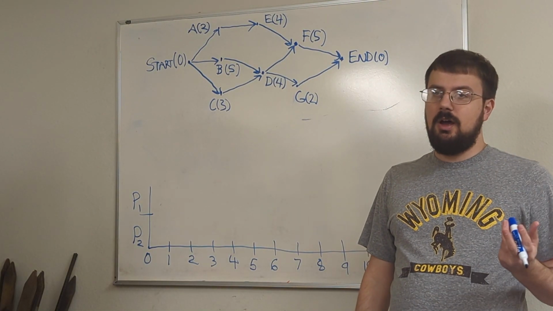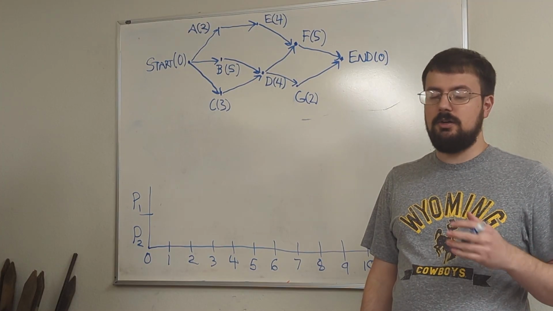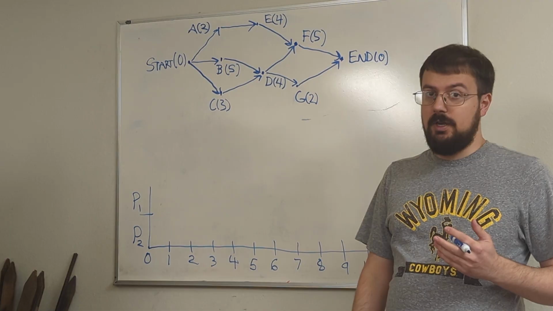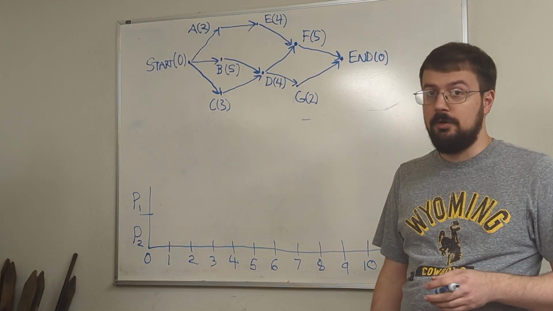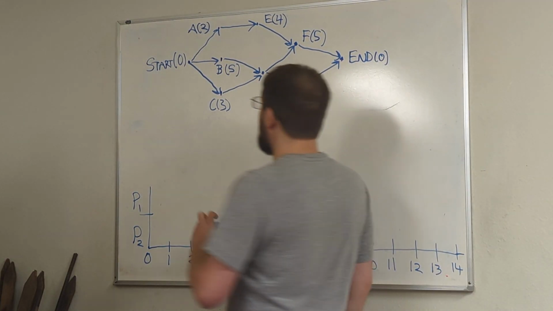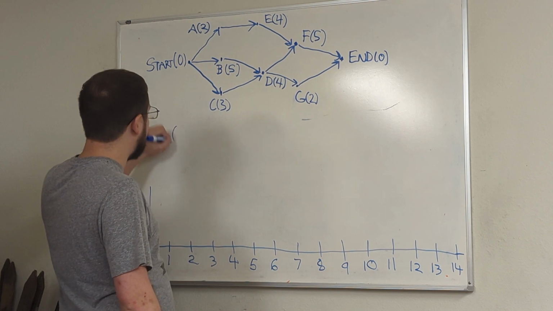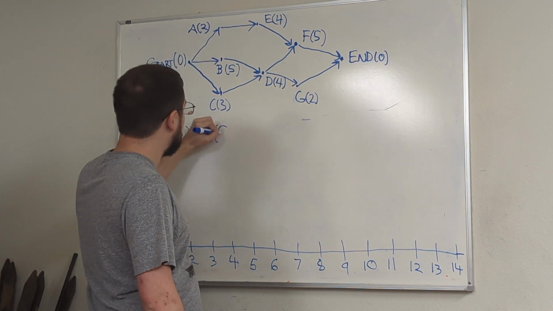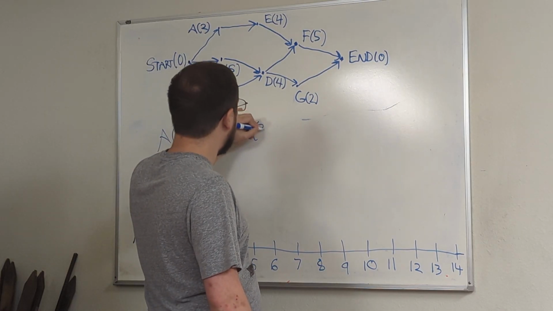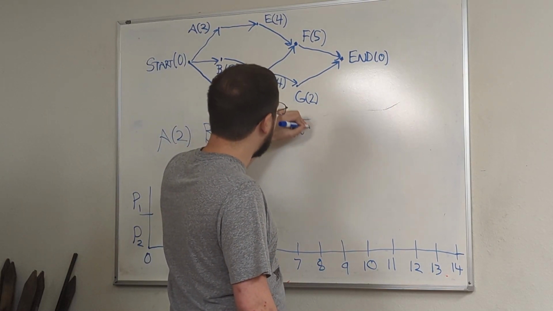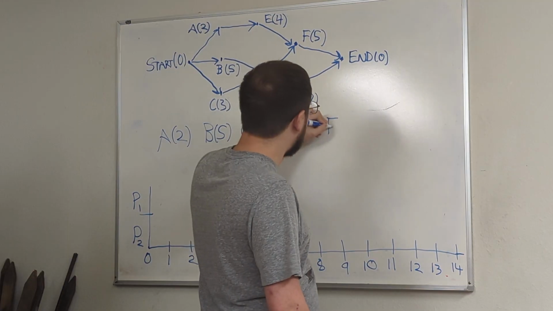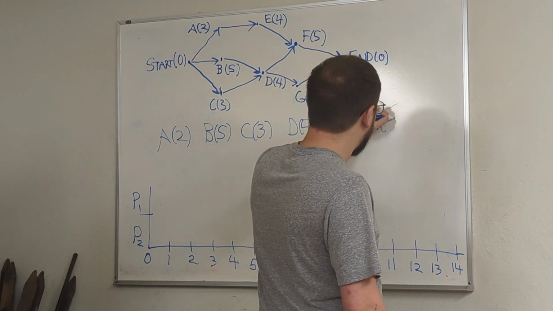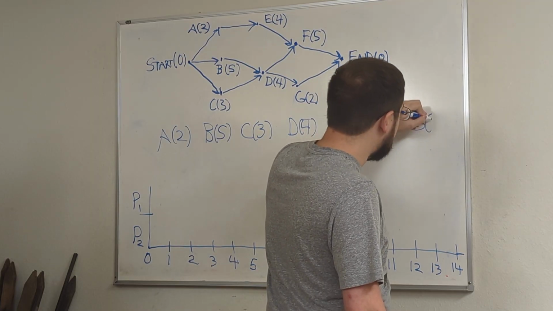The simplest way to create a priority list for a project would be to just list the tasks in alphabetical order and say that's our priority list. So if we do that, we have A2, B5, C3, D4, E4, F5, and then finally G2.